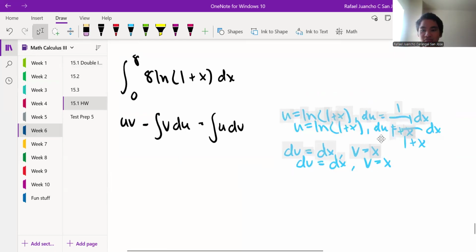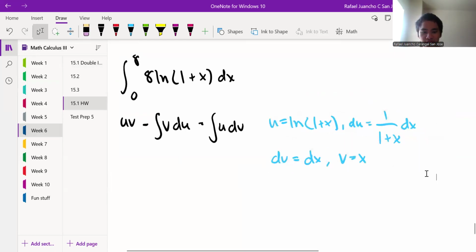So here I get this thing, right? ln of 1 plus x for my u, and 8 dx for my dv. So this should look something like this. And so my v is just 8. Right? Now did I get it? Or no, my v is 8x because I'm integrating. U is that, du is that.